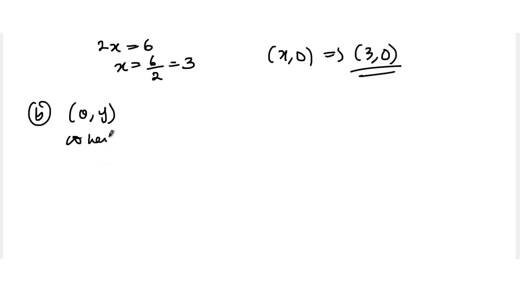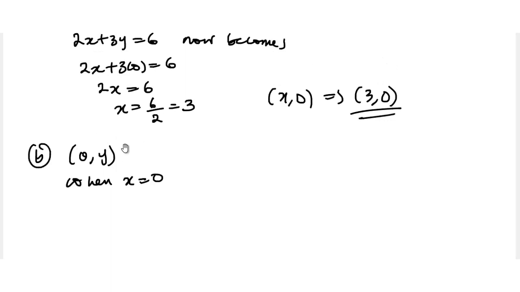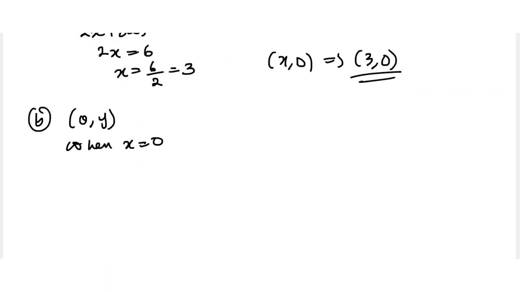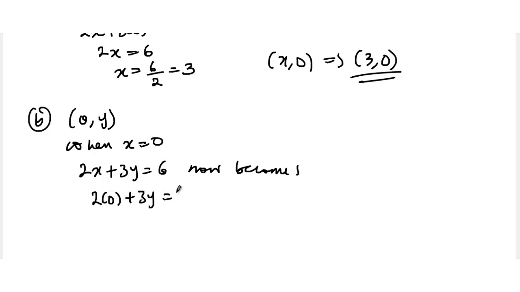So when x is equal to 0, we have 2x plus 3y is equal to 6, which now becomes 2 times 0 plus 3y is equal to 6. 2 times 0 is 0, so we have 3y is equal to 6.